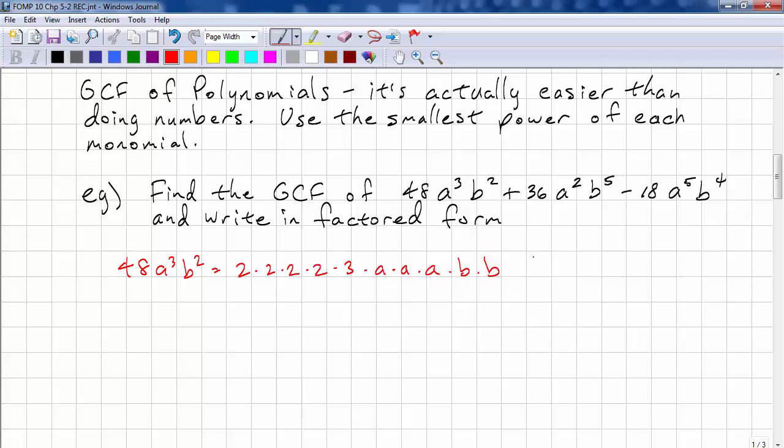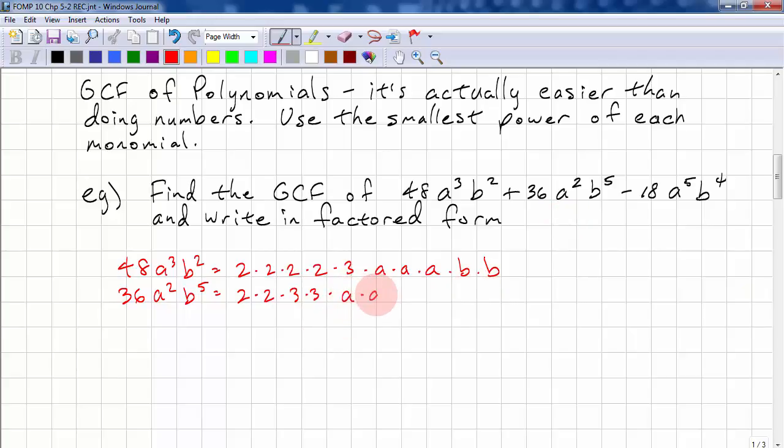Once you get faster with this, you don't need to do this as repetitive multiplication. 36a squared b to the fifth equals, so 36 was 2 times 2 times 3 times 3. And we did that in the previous exercise.